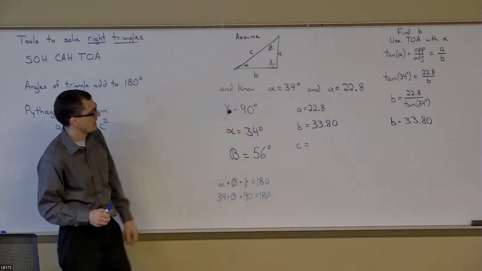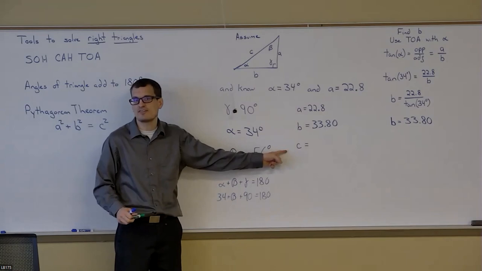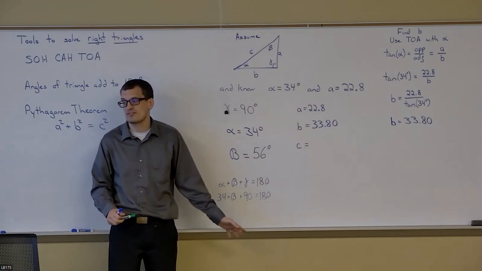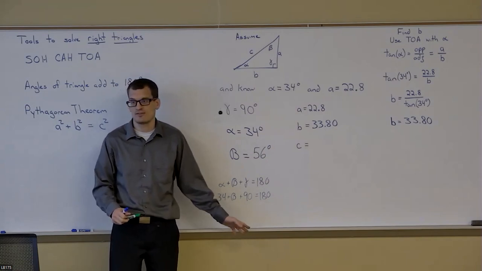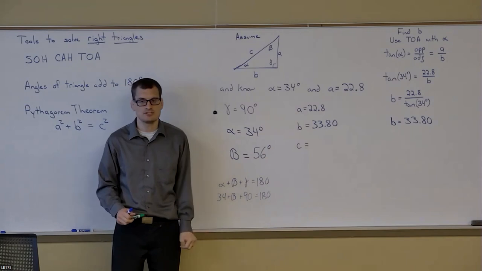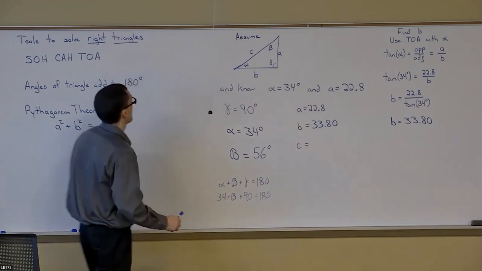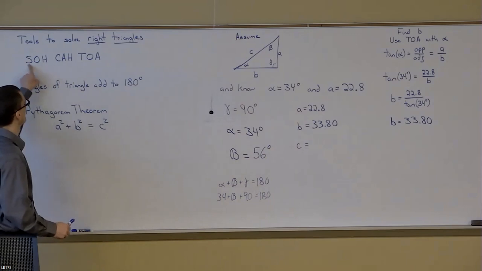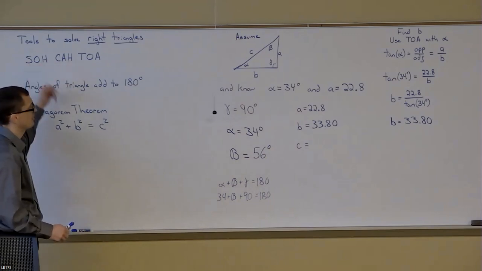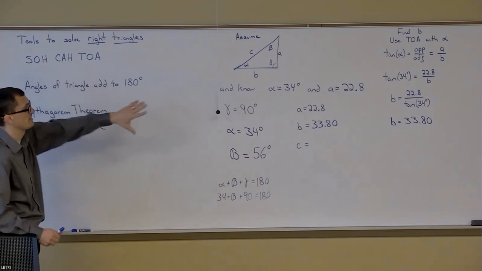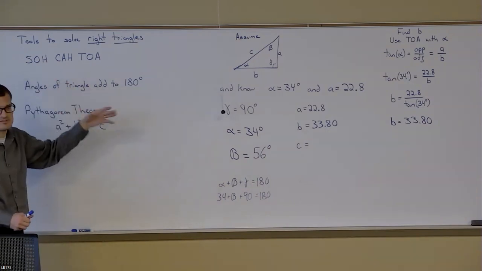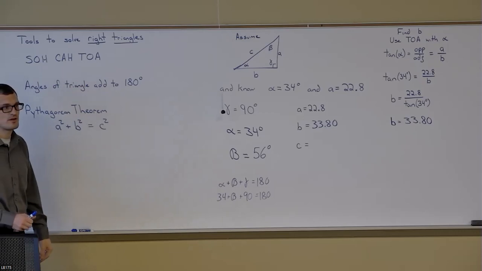All right, so I only have one more thing to find, and that's the C. Now, with the C, I can find this in different ways. I have two options. One, I could use the SOHCAHTOA part, and in the same way I found B, my hypotenuse is the C, so I can use those.